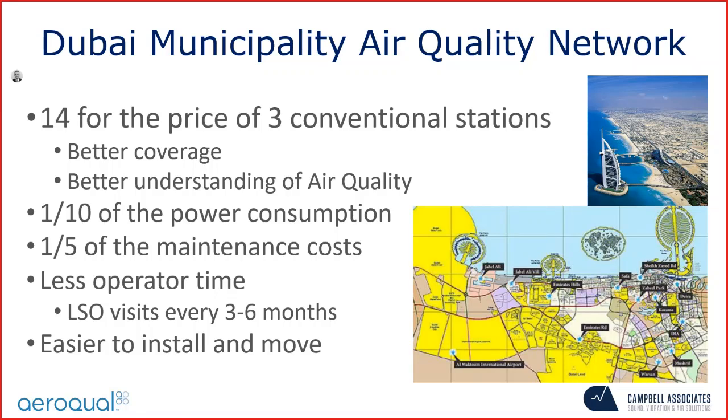Some of the supplementary benefits, though, is they're using 1/10 of the power. There's about 1/5 the maintenance costs, virtually no operator time, so the LSO visits aren't really needed anymore, and they've been a lot easier to install and a lot easier to move if the circumstances change.